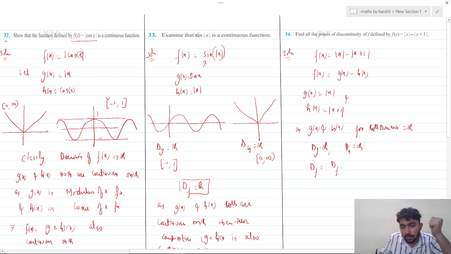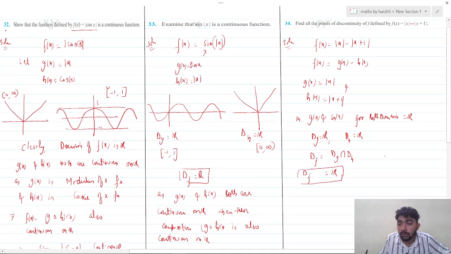Domain of g intersection domain of h, and what will it be? Complete R. So the domain of this function is complete R. First of all, you need to find this. Now discuss the continuity.